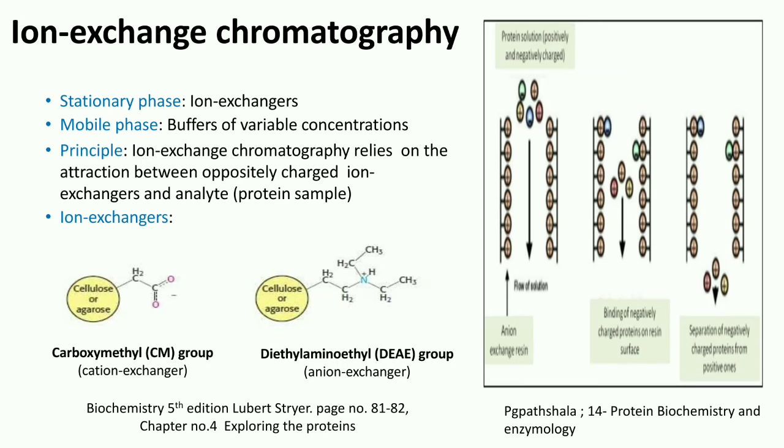This basically decreases the binding of anionic proteins. A continuous variation in contents of elution solution during chromatography is called gradient elution. The eluates are collected into small fractions and their quantities are estimated.